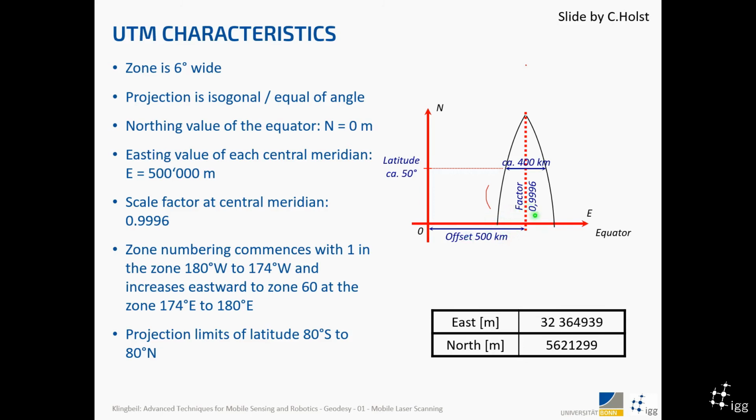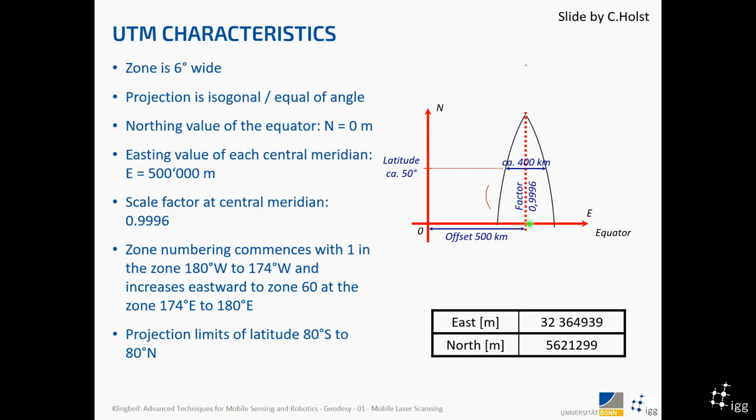And then there are some special things which are a bit annoying: usually UTM coordinates don't have 0 on the x-axis. So basically you add an offset between 0 and the central meridian of 500 kilometers. Don't ask me why. This is just to avoid negative values, as far as I know.